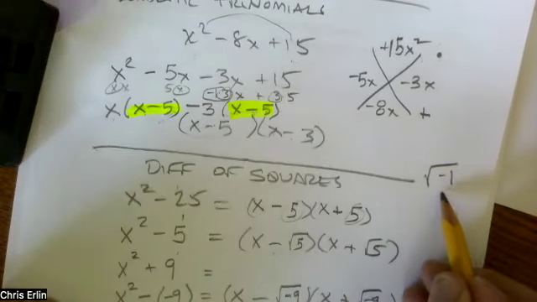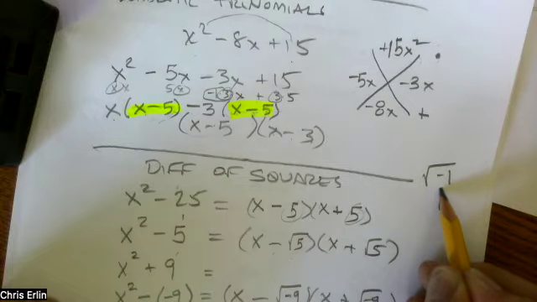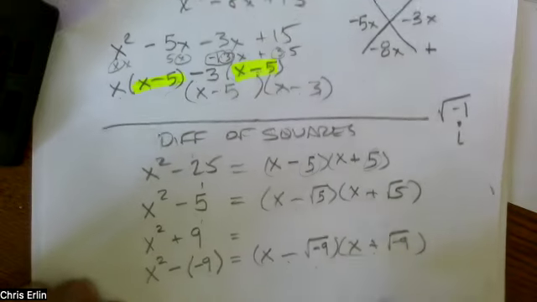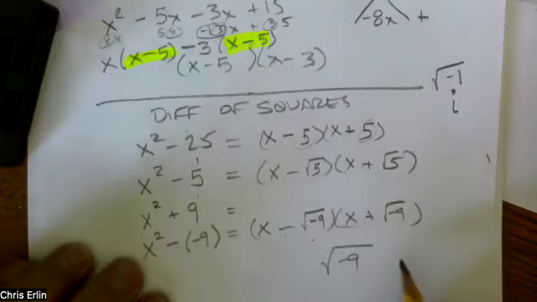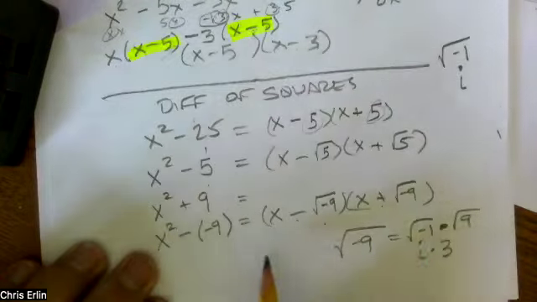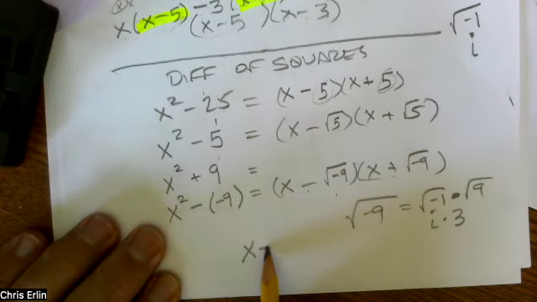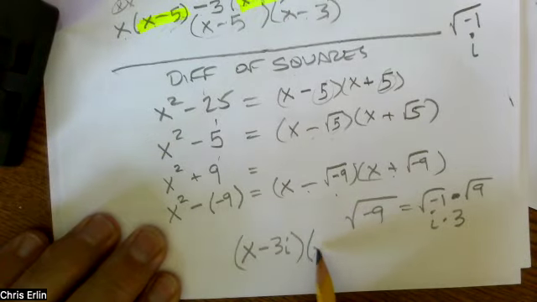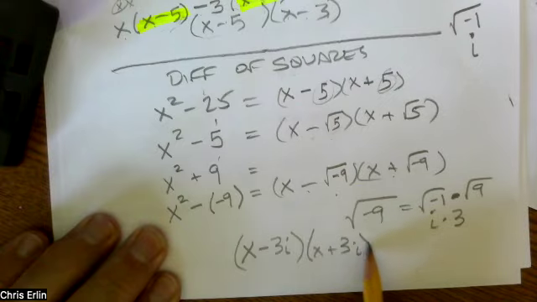Yes, imaginary. What's the square root of negative 1? I. So I can treat the square root of negative 9 as the square root of negative 1 times the square root of 9, which is i times 3. So I could factor this completely as x minus 3i, x plus 3i.